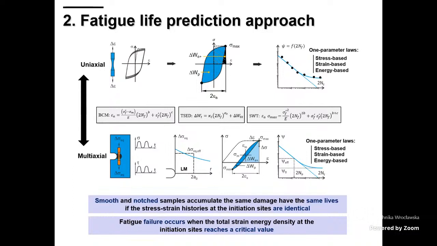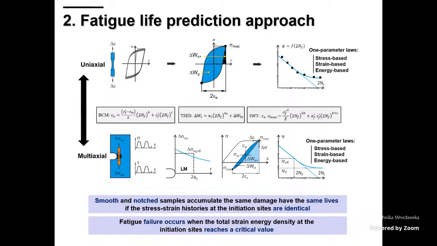We perform a number of tests under fully reversed conditions, and we evaluate the main variables, and we define this kind of function. In my talk today, we are going to use three different simple approaches: the Basquin-Coffin-Manson, the total strain energy density, and Smith, Watson, and Topper.